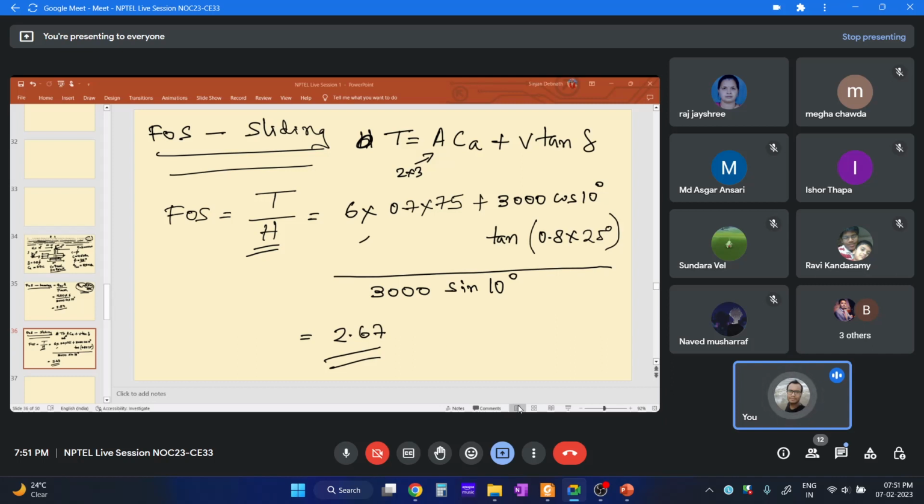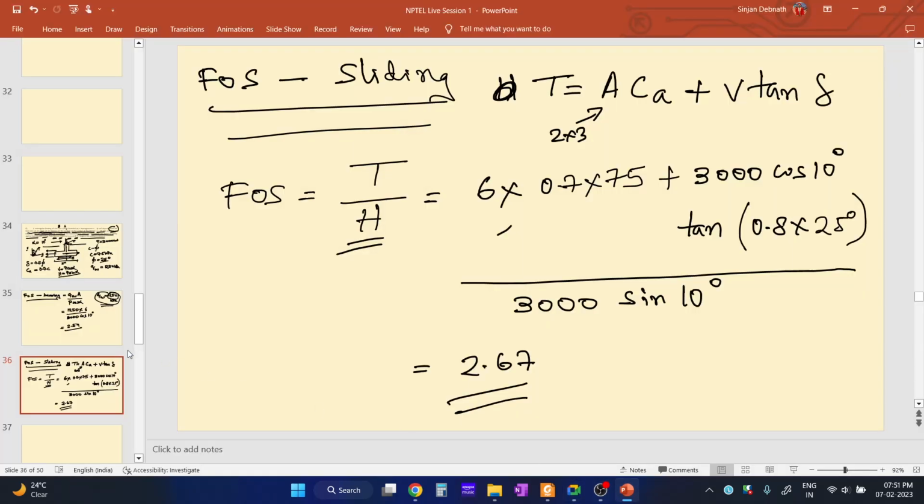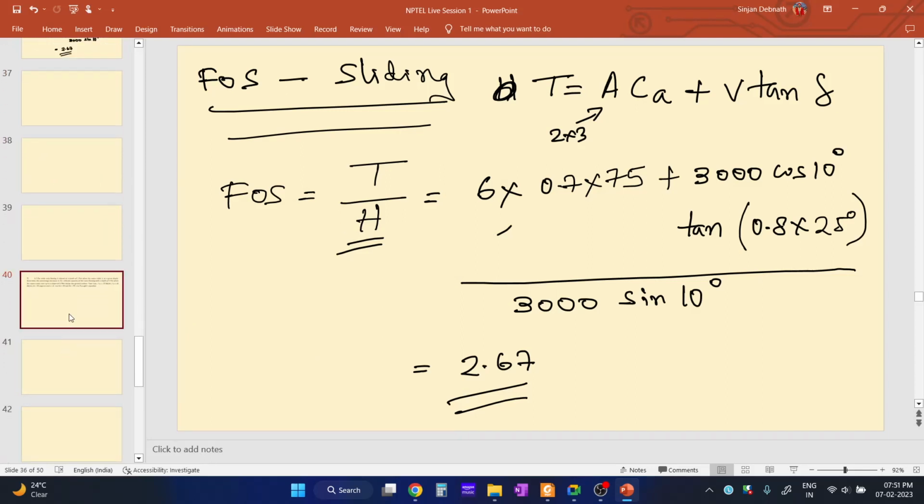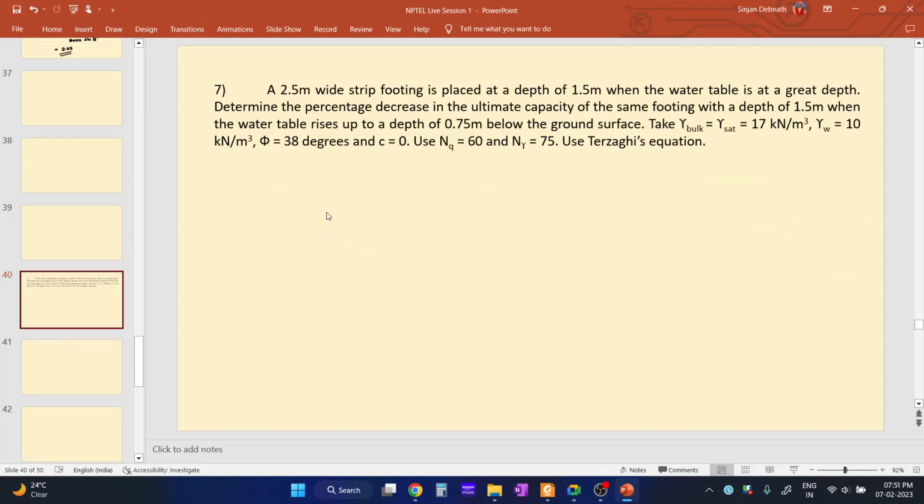So let us solve another problem, the last problem. The problem is: a 2.5 meter wide strip footing is placed at a depth of 1.5 meter. So it is also a strip footing.